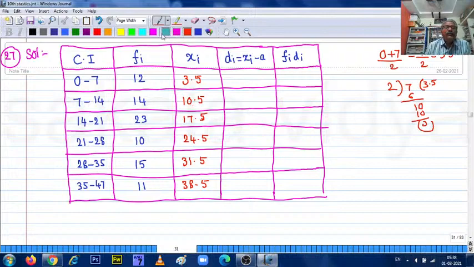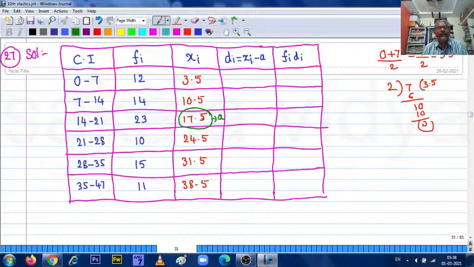Now you need to choose a. You count 1 2 3 4 5 6, so select the middle one. Let us take 17.5 or 24.5 as a. For example, you take this as a.